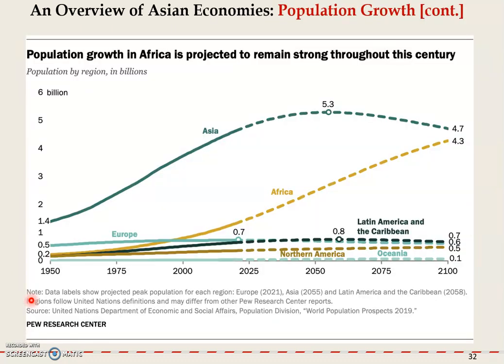Here on this chart, we can have a better look at how population grew over time in different regions. Asia back in the 1950s accounted for more than 50% of the world's population, and the Asian population actually grew pretty fast from 1980 to the early 2000s.